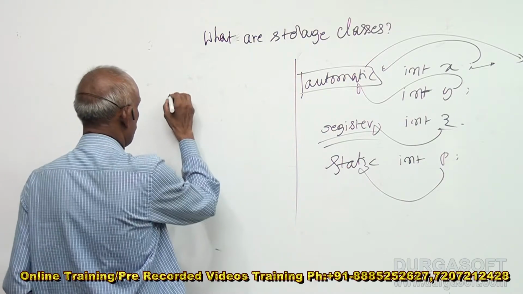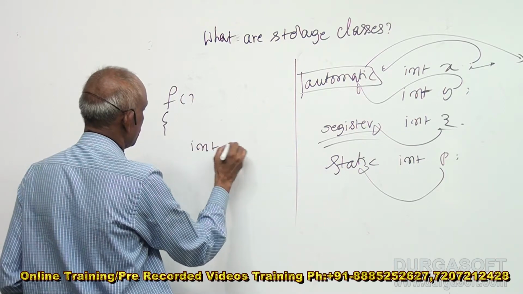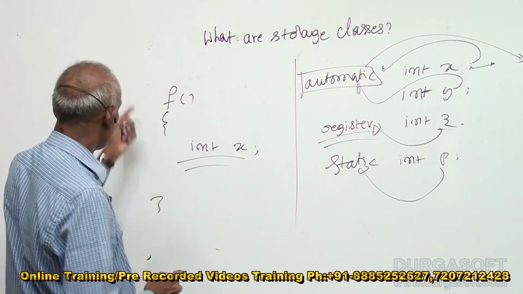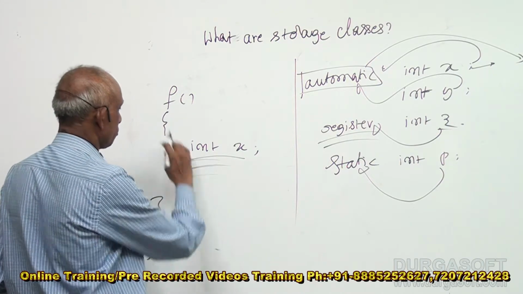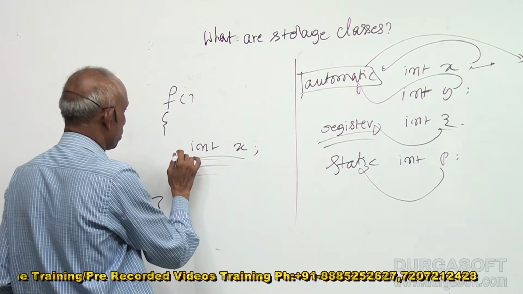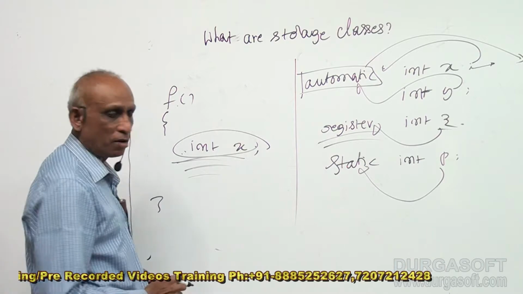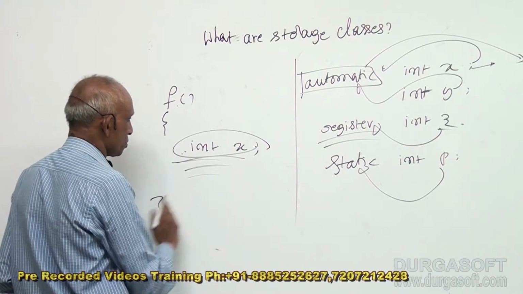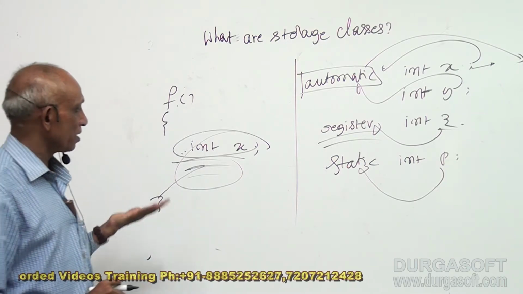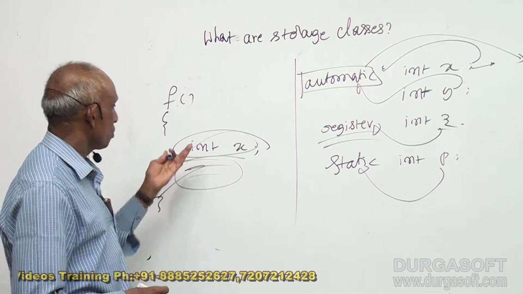For example, I have a function f. Inside that I declared int x. So this is an automatic variable. Now the function is called, code is executed, function exits, returns. When the function is invoked and enters here, the automatic variable is created. When the function exits, automatically it is destroyed. So automatic variables are created and destroyed along with the function, and they are stored in memory.